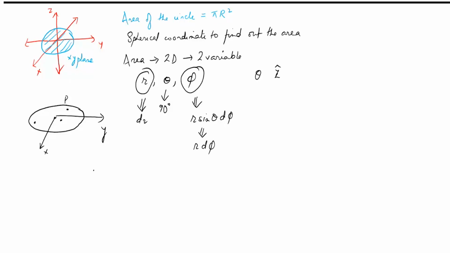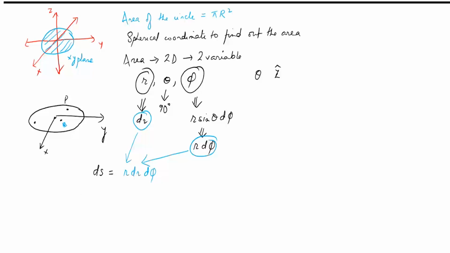So this surface element will be equal to this multiplied by this. So we will get r dr d phi. That is the surface element on this circle.